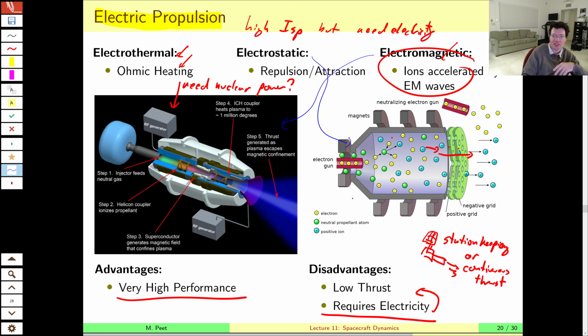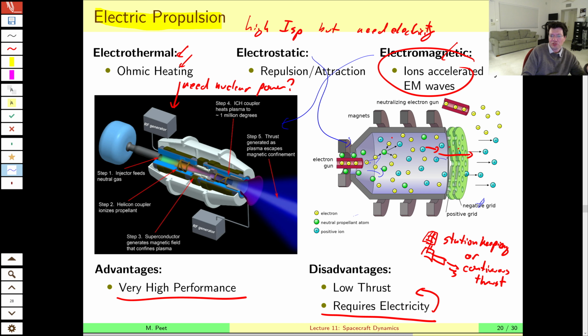In this case, you spit these charged particles out the back. You have these grids here, these charged plates, a positive grid and a negative grid.